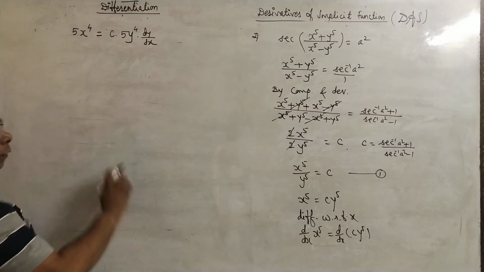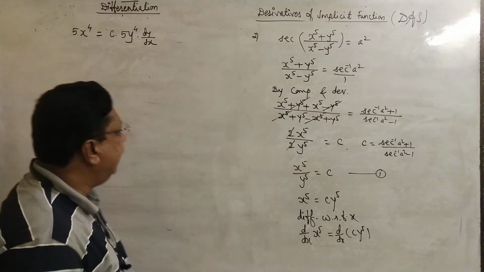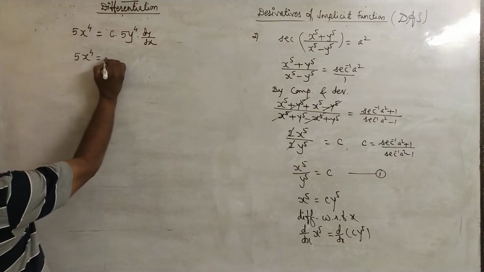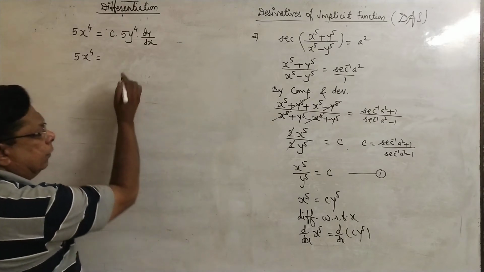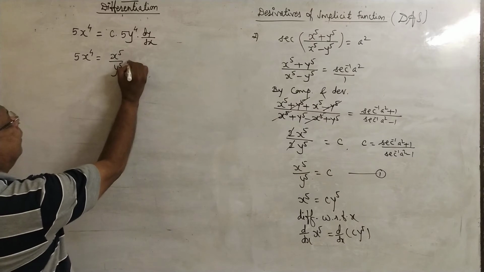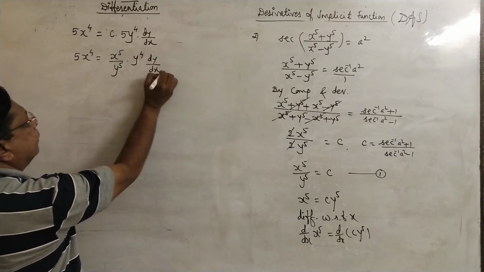Now here substitute the value of c. C is x raised to 5 upon y raised to 5. So 5x raised to 4 is equal to the value of c, x raised to 5 upon y raised to 5, into y raised to 4 into dy by dx.